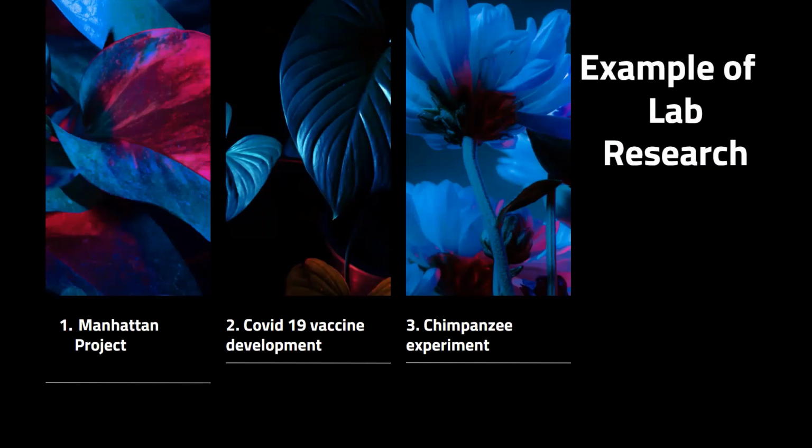And the last one is the chimpanzee experiments, which for me is quite interesting because they were experiments conducted in the 1970s to see the behaviors of chimpanzees and how similar they are to us humans.